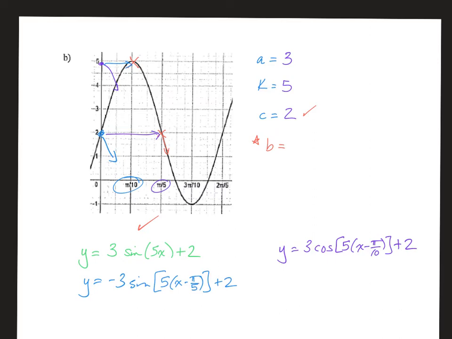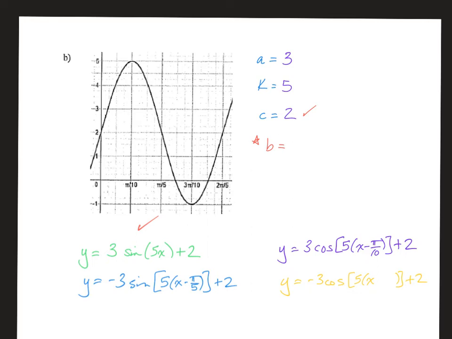Now, what if we ended up going through and dealing with a negative cos graph? Well, I'm just going to clean up that graph again, get rid of some of that extra writing. Let's say I went to a negative cos curve. That doesn't affect the amplitude, but I'm going to need a phase shift. Well, what does a negative cos graph do?